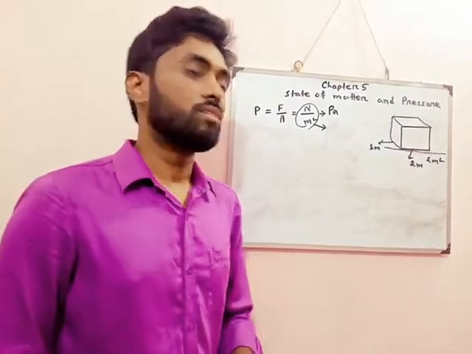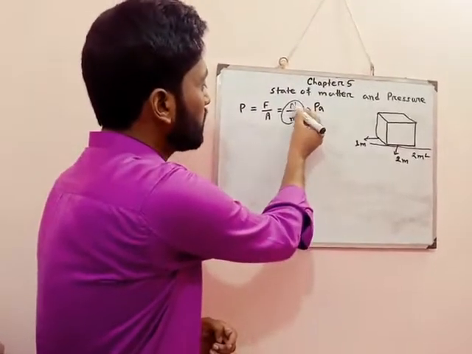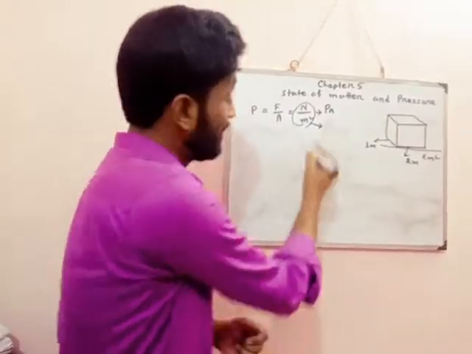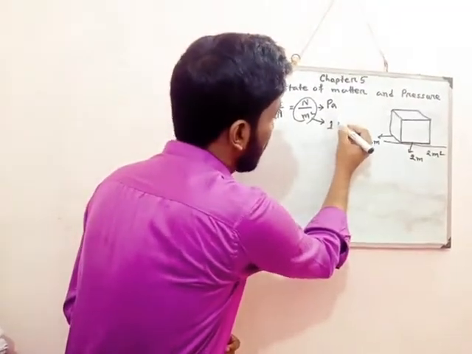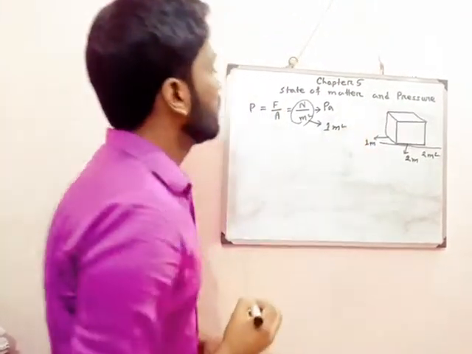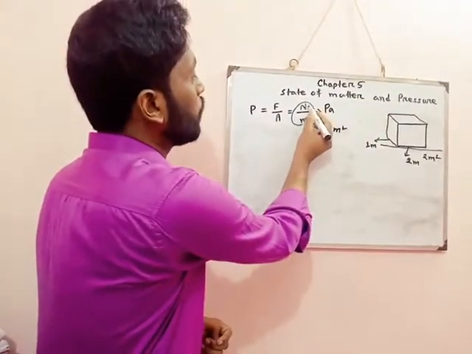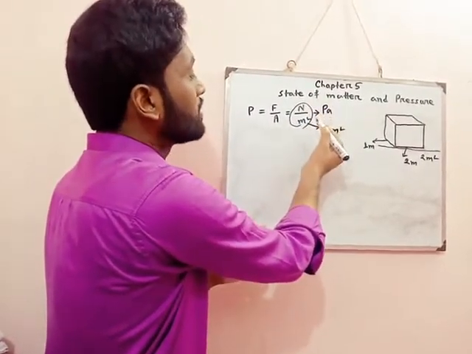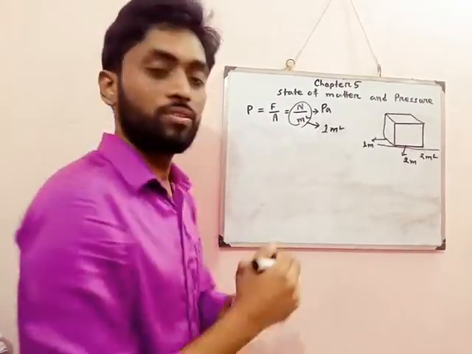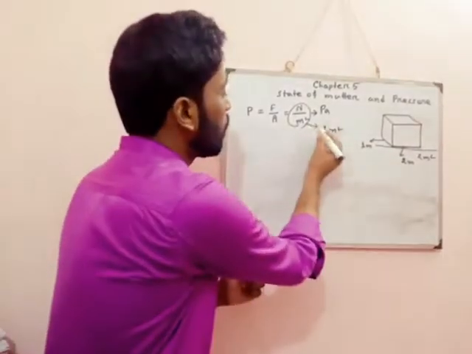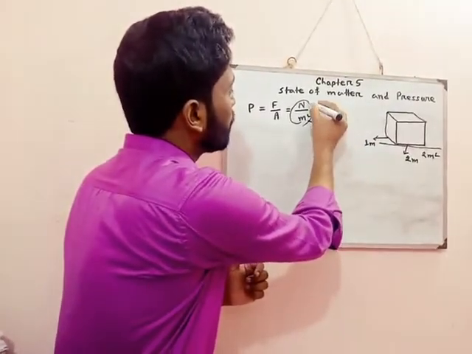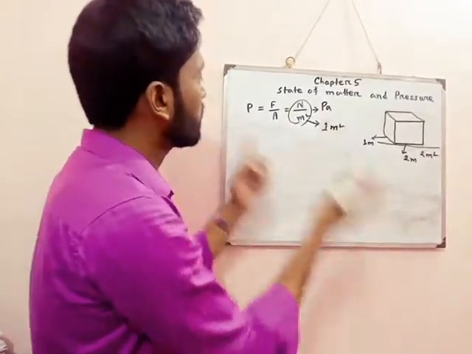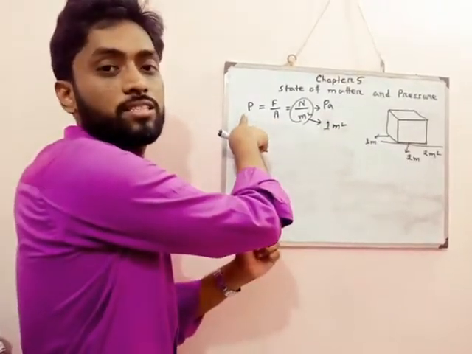Now, if it is 1 meter square, then the amount of force in Newton will be the same amount of pressure. That means if it is 1 meter square and the force is 30 Newton, the pressure will be 30 pascals.